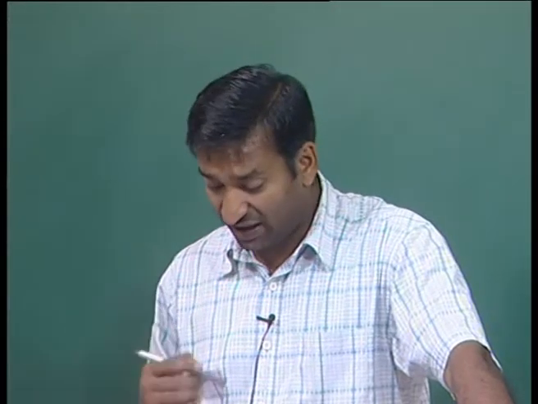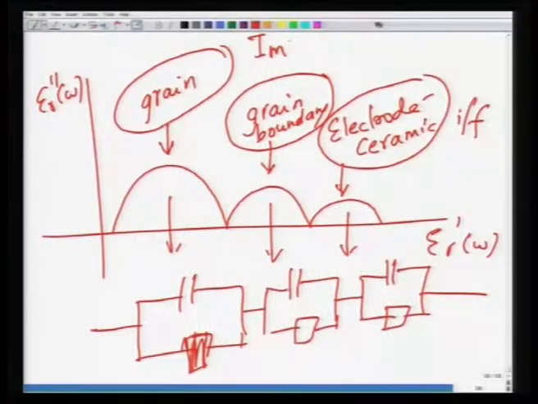Very rarely will you encounter a perfect semicircle. Often these semicircles are also overlapping with each other. So you need to model them properly in order to analyze the effect of each and every contribution, which is a completely different subject altogether, and this subject is known as impedance spectroscopy.